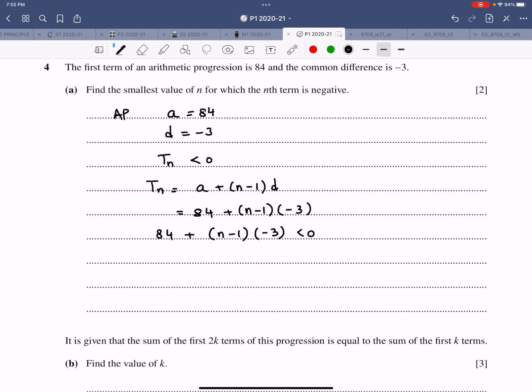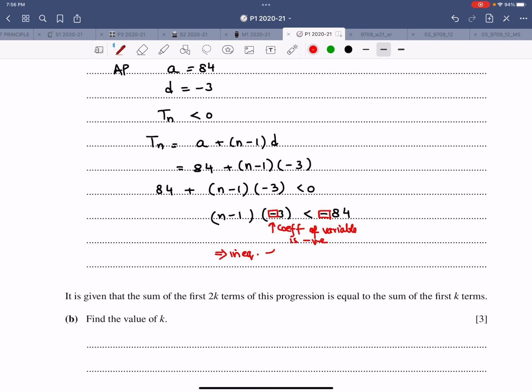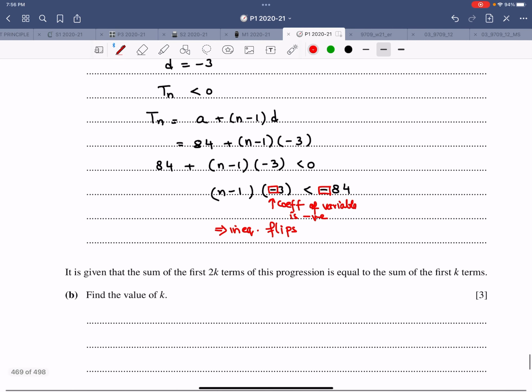n minus 1 into negative 3 is less than negative 84. Since the coefficient of the variable is negative, therefore the inequality flips, and what happens is that n minus 1 is greater than 84 over 3.